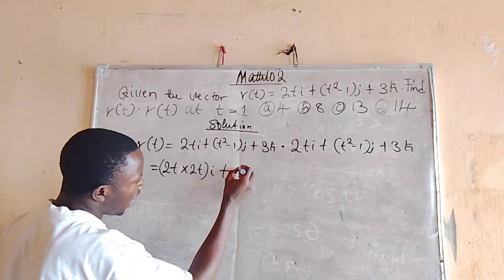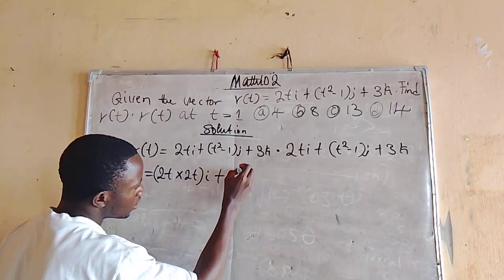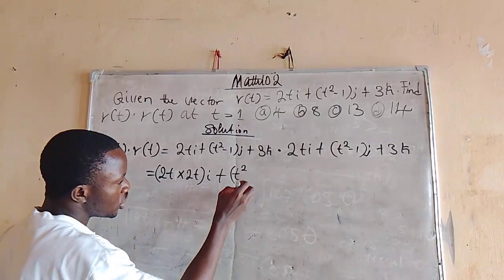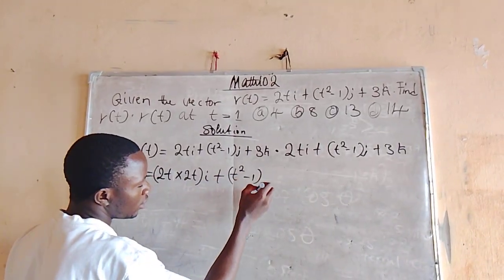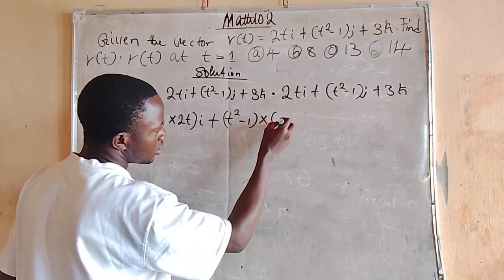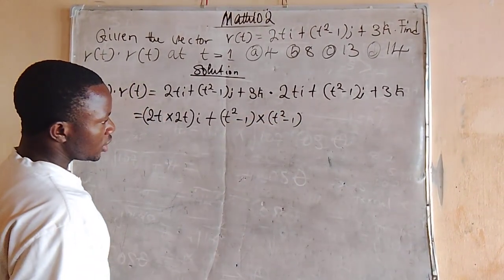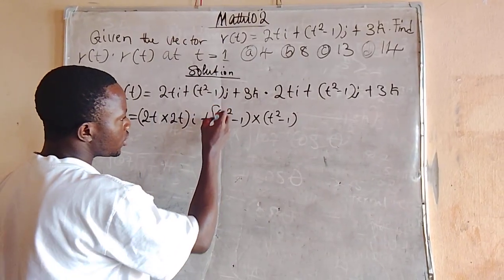Plus, in bracket we have t squared minus 1 multiplied by another t squared minus 1. Is that taken?